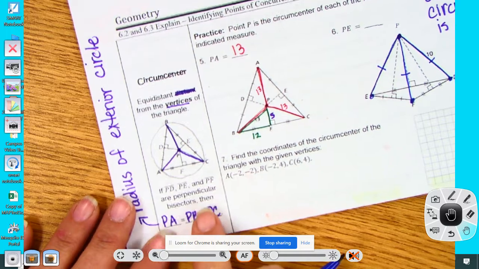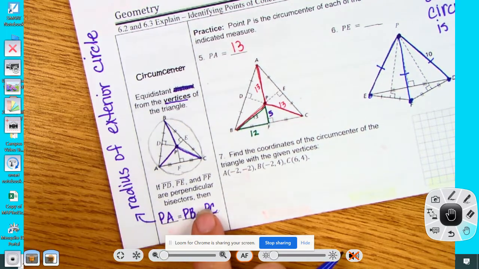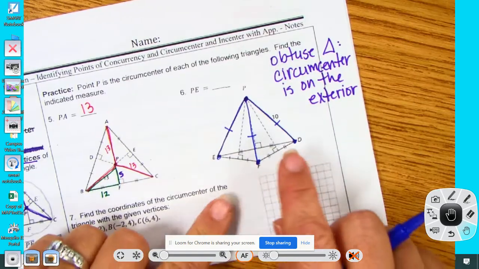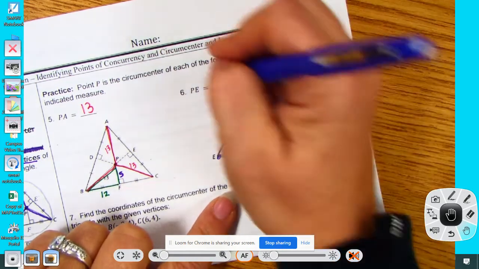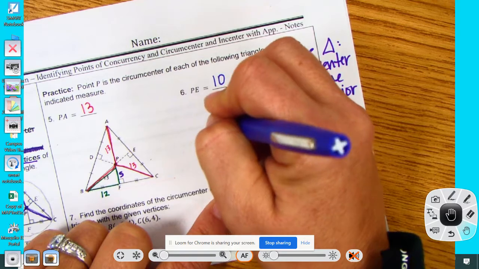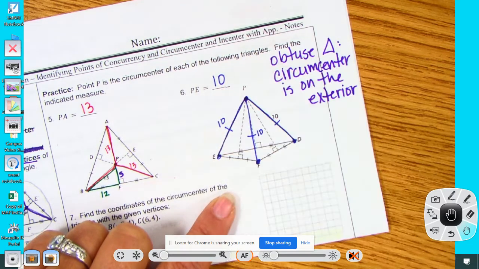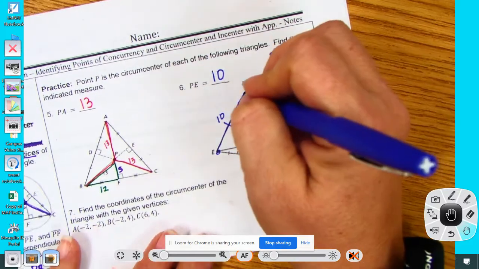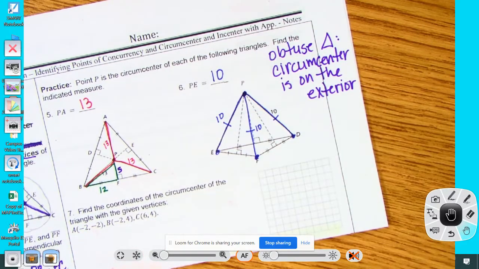The segments that connect the circumcenter to the vertex will always be the same as long as you have the circumcenter. So I know that all of my circumcenters are 10. So basically, the circumcenter looks like it could possibly be the tip of a pyramid. Do you see it? Okay.